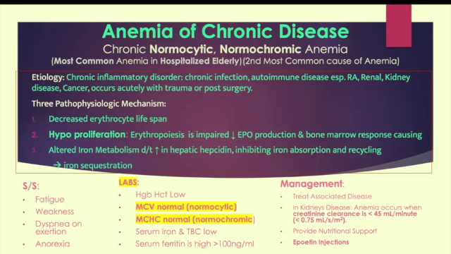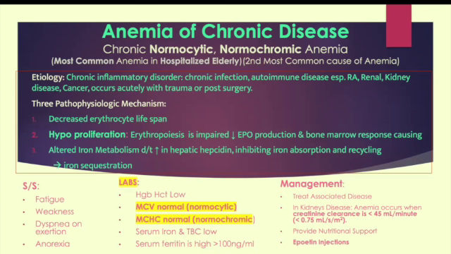You may see the serum iron and total iron binding capacity low, and the serum ferritin high, greater than 100. So the stores of iron are high, but the actual iron and total iron binding capacity are low.